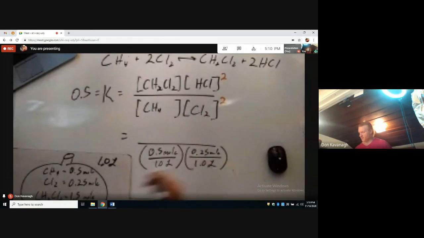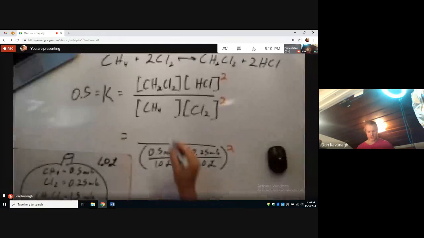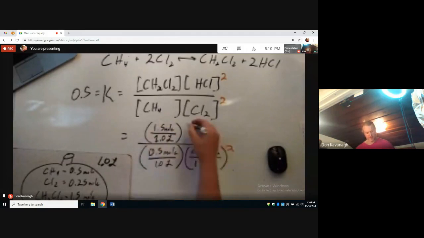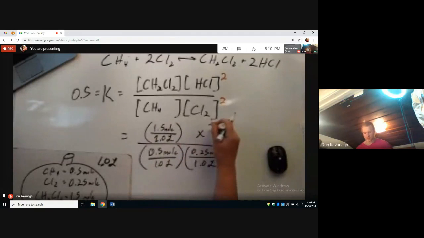Don't forget that that is going to be squared. For CH2Cl2, for dichloromethane, we have 1.5 moles divided by the volume. And for HCl, well, that's what we're trying to find. And the squared comes down.